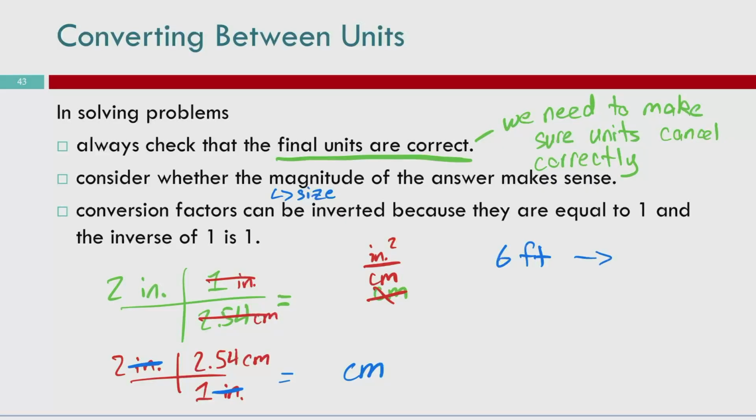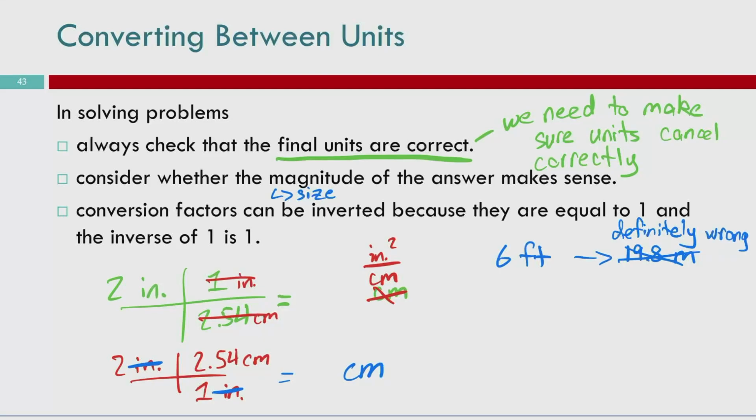If I'm converting 6 feet to meters and I come up with 19.8 meters, does that seem right? Am I 20 meters tall? I'm definitely not 20 meters tall, right? I could get away with saying that I'm 6 feet tall, maybe. But 20 meters tall, no chance. So seeing that I got 20 meters, I must have screwed up my calculation. That would be an example of checking the magnitude.